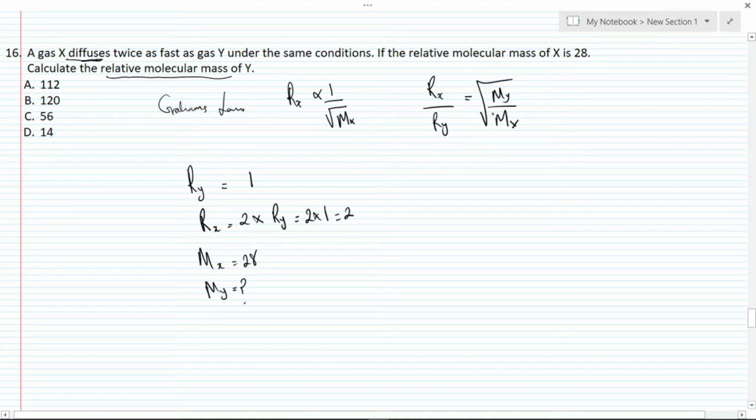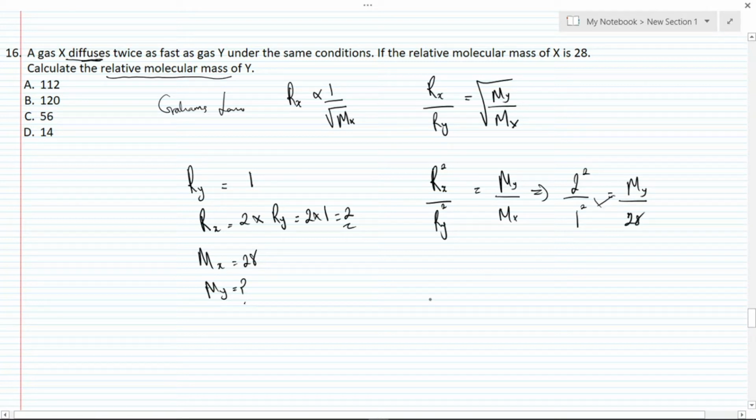First things first, we can square both sides to remove the square root sign. So we have Rx over Ry squared equals My divided by Mx. Rx happens to be 2, so 2 squared divided by 1 squared equals My over Mx, and Mx is 28.